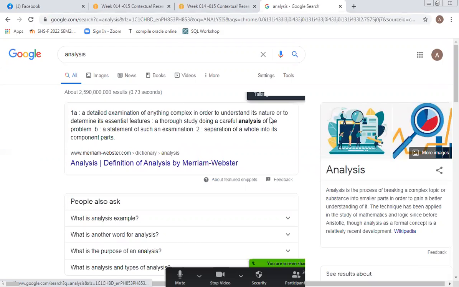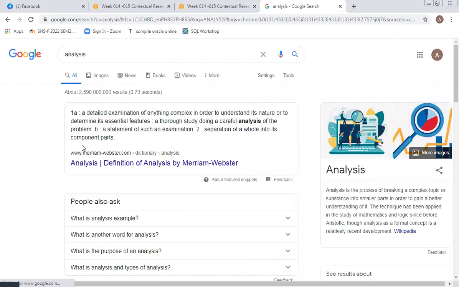Okay, analysis is a detailed examination of anything complex in order to understand its nature or to determine its essential features. A thorough study doing a careful analysis of the problem. Okay, so that's it. Analysis is a detailed examination.